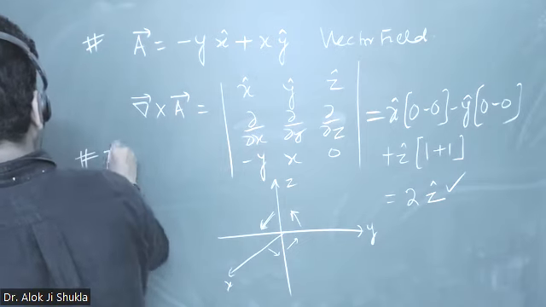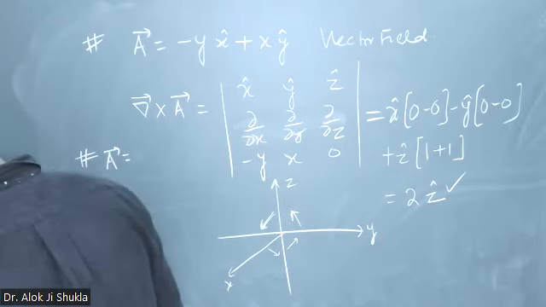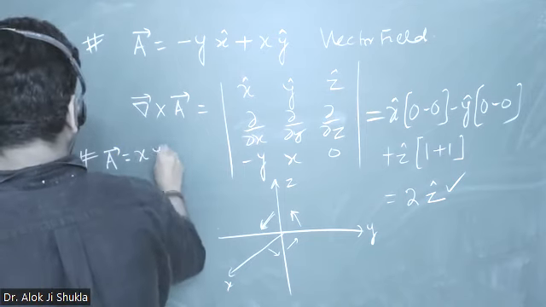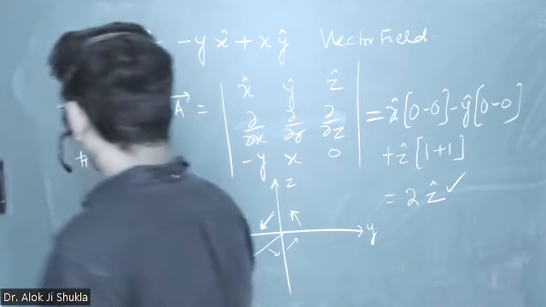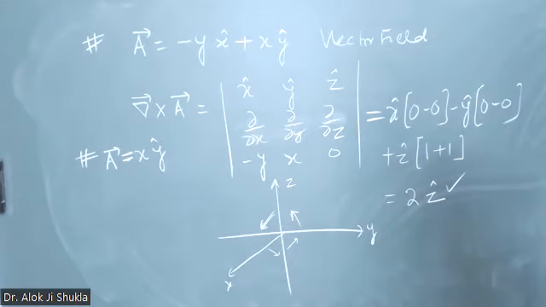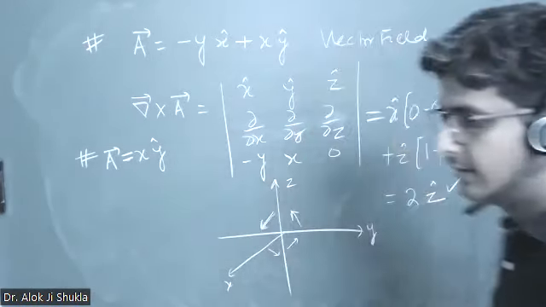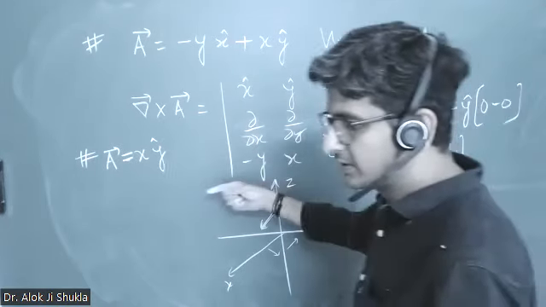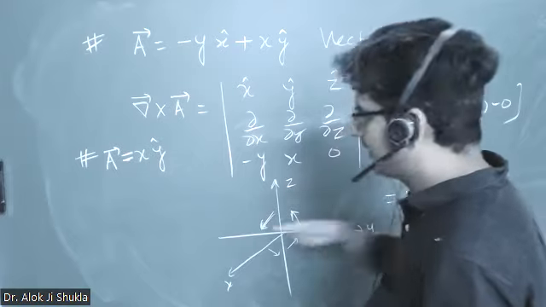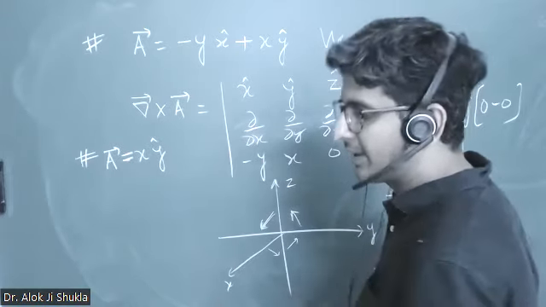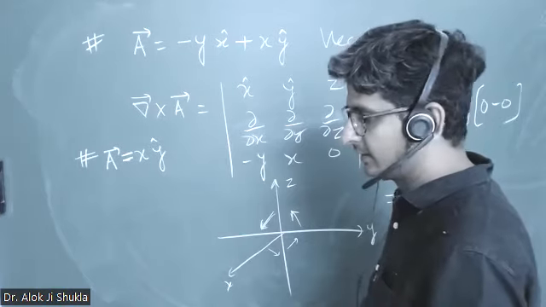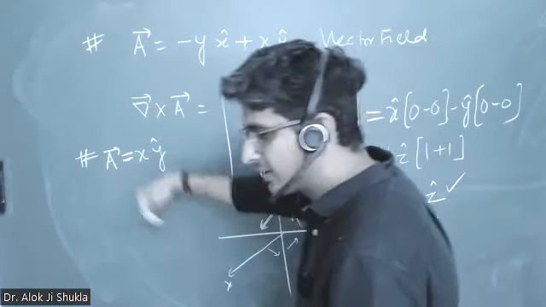Suppose I take a vector A equal to x y cap. It is x y cap, so it will be in the direction of y. As you go in the positive x direction the vector will become bigger, and as you go in the negative x direction it will go in the other direction. So it will look like it is going this side and coming this side.